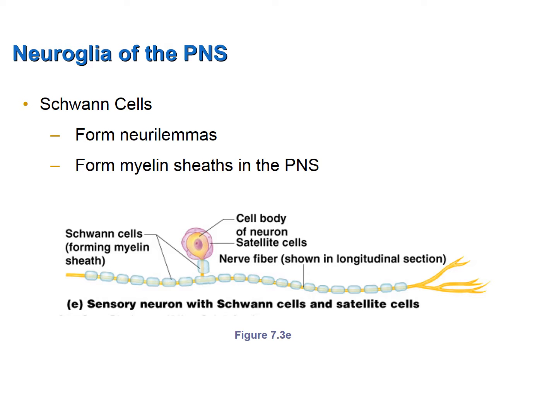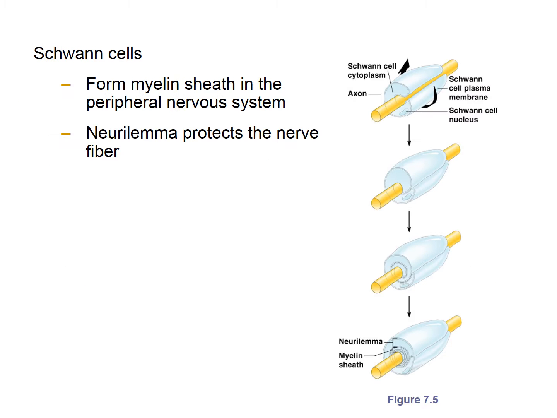Let's look at this in more detail. So Schwann cells wrap around an axon like a jelly roll. Notice that right up against the axon are very tight wrappings which only consist of the plasma membrane of the Schwann cells. And this is what forms the myelin sheath.